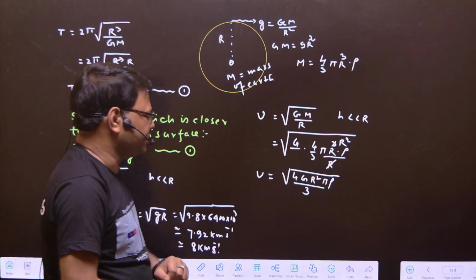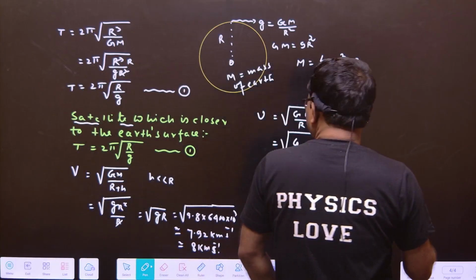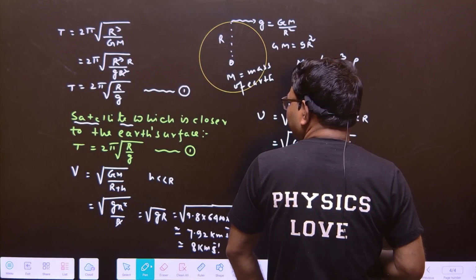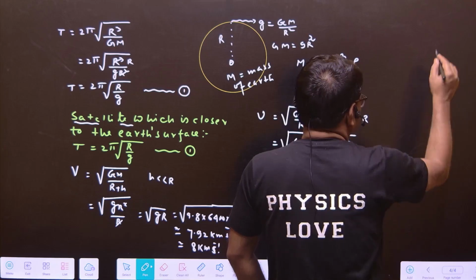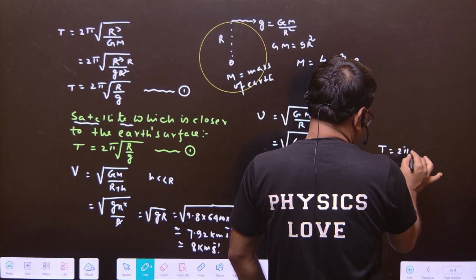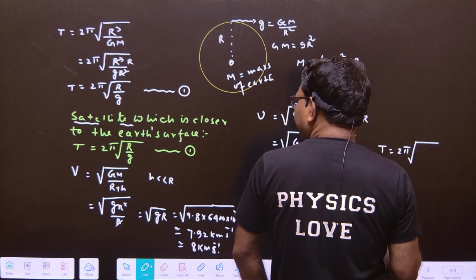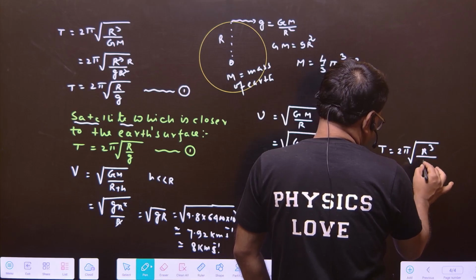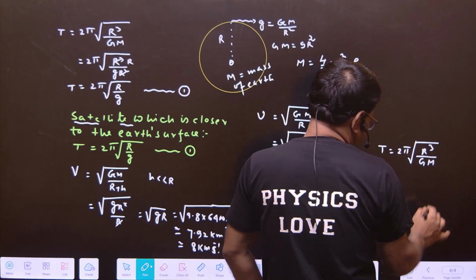Now see the time period. The time period was T is equal to 2 pi root of r cube by GM, where M is the mass of the Earth.